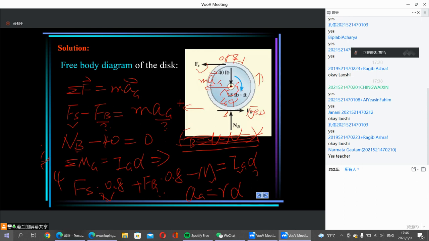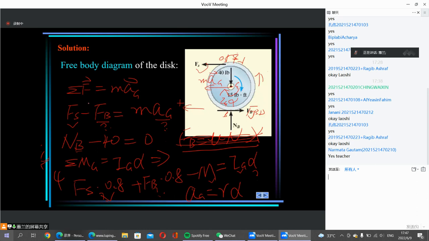For an instant, the only thing you can apply is the equations of motion. To apply them, you need to draw the FBD and KD. KD will be the kinetic force and kinetic moment. Kinetic force is MAG, kinetic moment is IG alpha, right? And then we can write down the equations of motion.